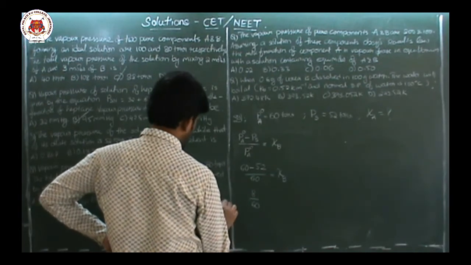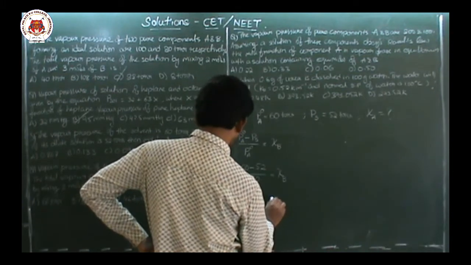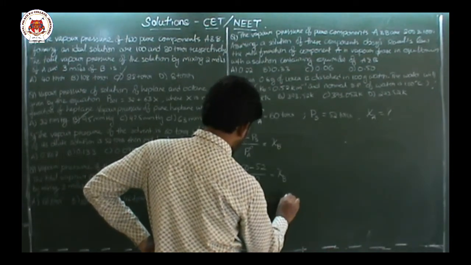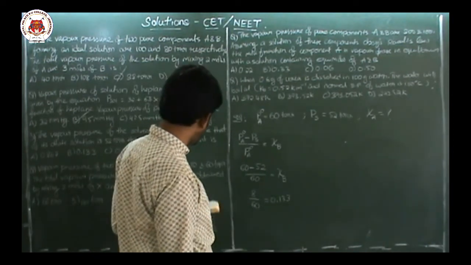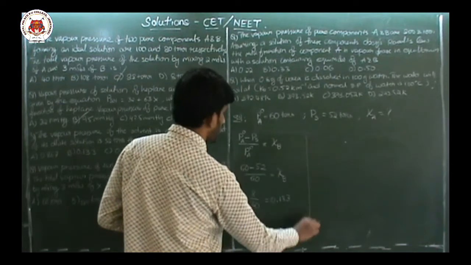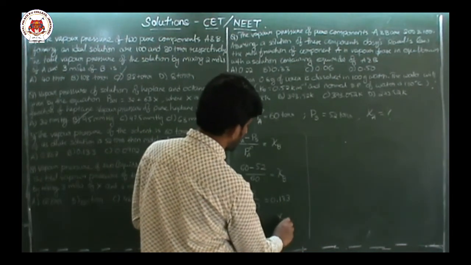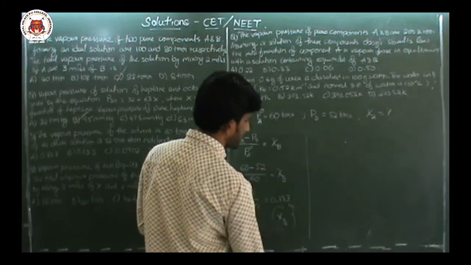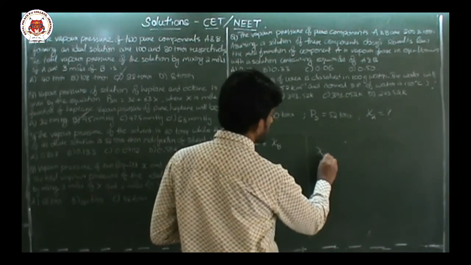So 8 by 60 comes around 0.133. Now you know that XB, the mole fraction of solute, is equal to this one. Then what is the sum of the mole fractions?